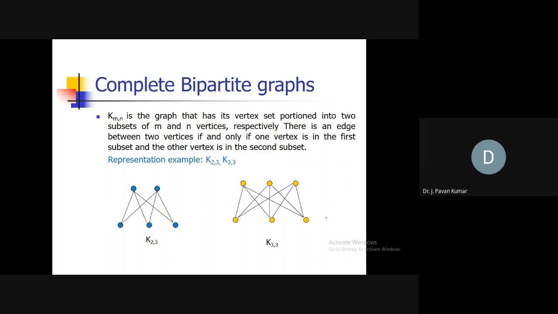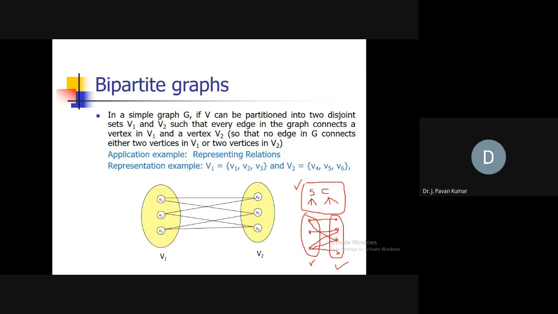Or in other words, in a bipartite graph we have two parted sets, and if every vertex is adjacent to every vertex in the other parted set, then we can call such a bipartite graph a complete bipartite graph.